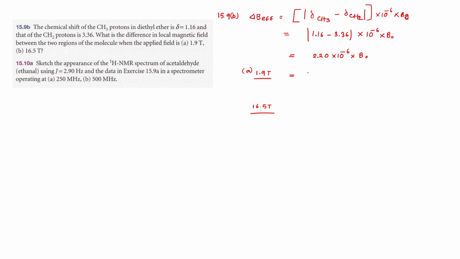So it will be 2.2 into 10 to the power minus 6 into 1.9, which is 4.18 into 10 to the power minus 6 Tesla.